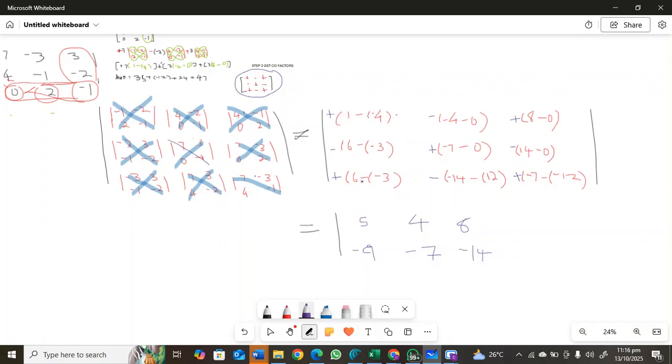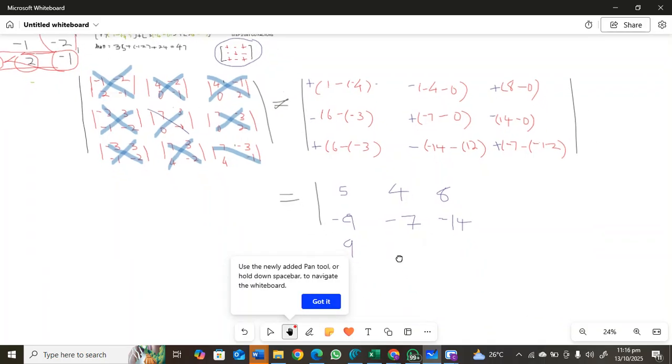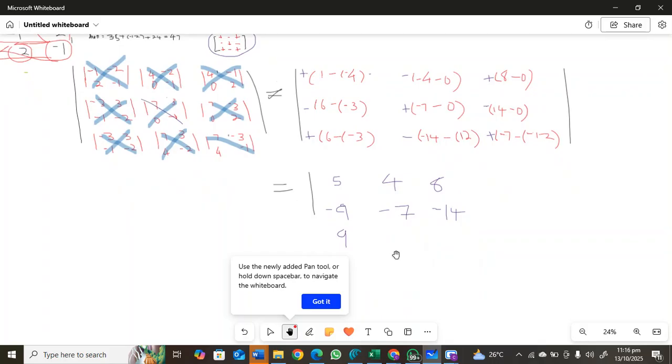Here, 6 minus negative 3 becomes 6 plus 3, that is 9. Since there's a positive value outside, positive. Here, negative 14 minus 12, we get negative 26. Since there's a negative outside, negative and negative make positive.